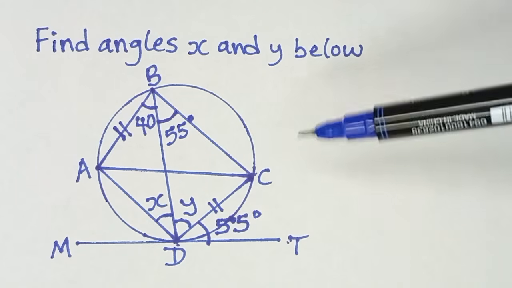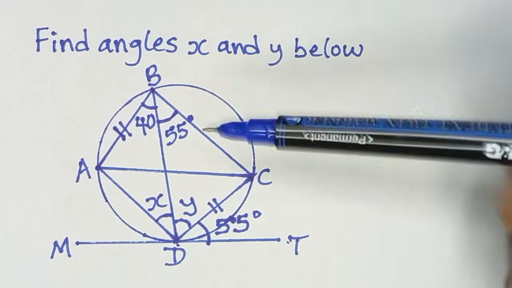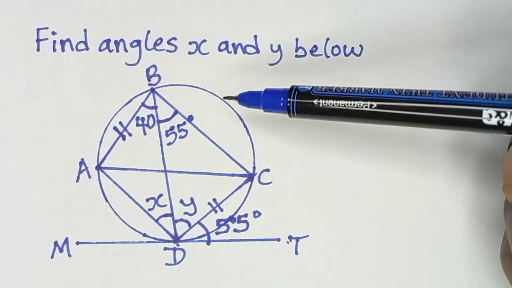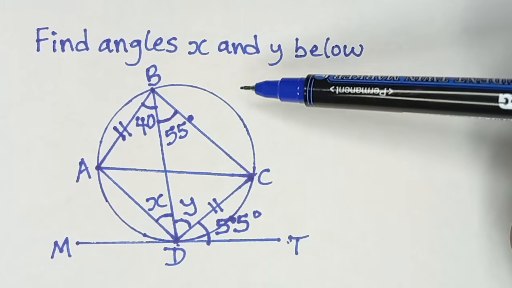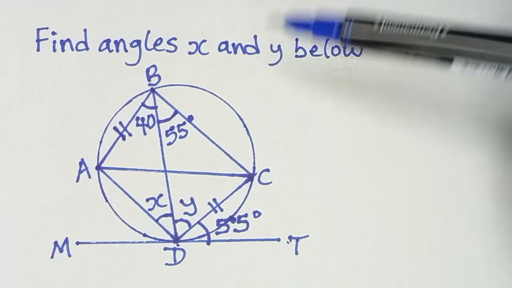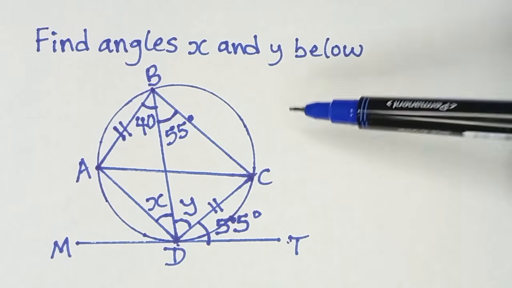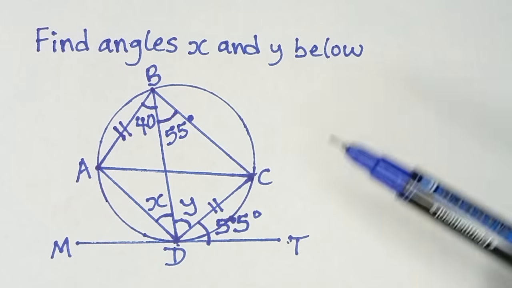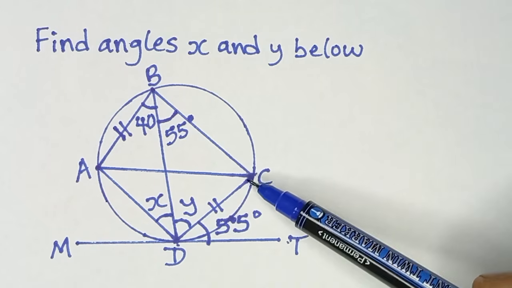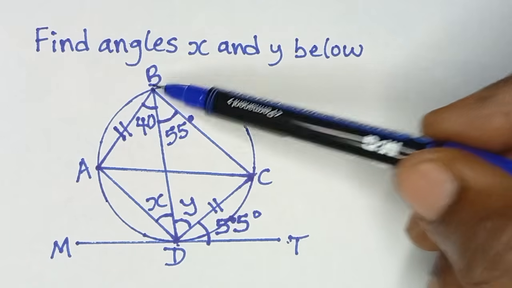Now, the second theorem that we need to look out for is the theorem that equal chords subtend equal angles at the circumference of a circle. If you look at this, line DC is equal to the chord AB.